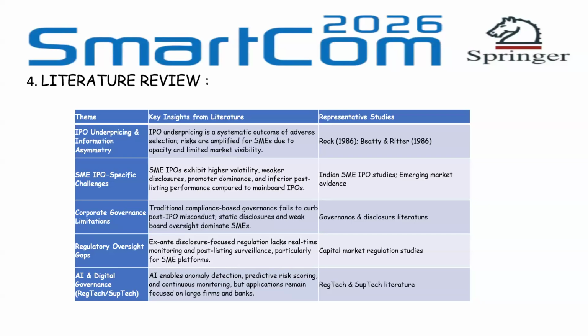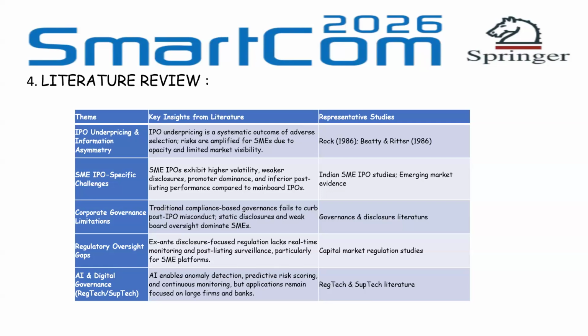The next one is regulatory oversight gaps. After the ex-ante disclosure-focused regulation, these all lack real-time monitoring and post-listing surveillance, particularly for SME platforms. And lastly, AI and digital governance, which is regulatory tech or supervisory technology.